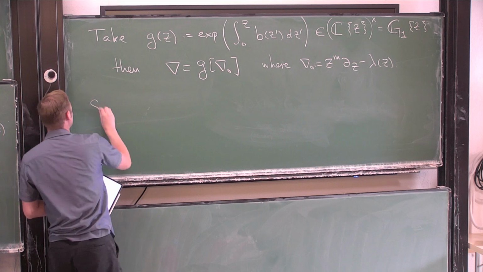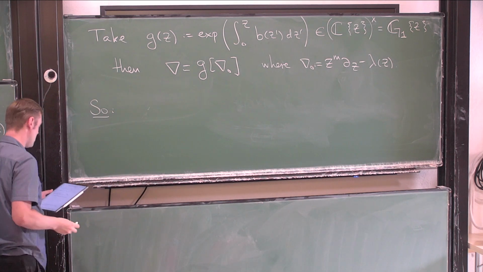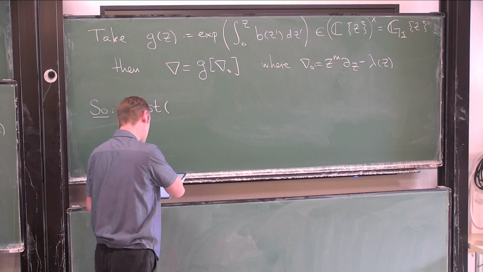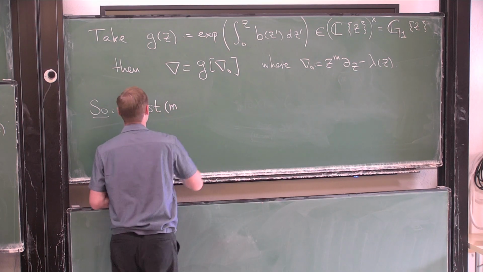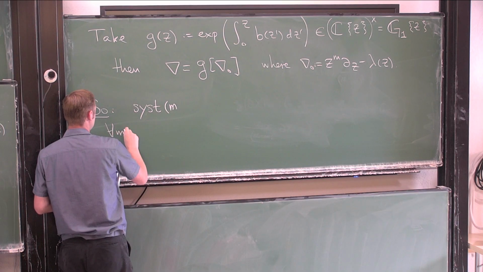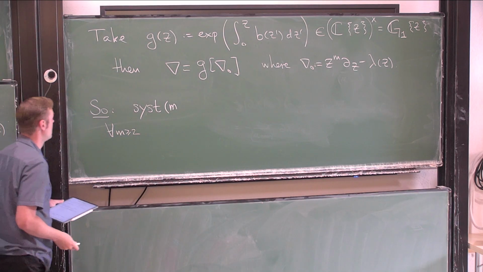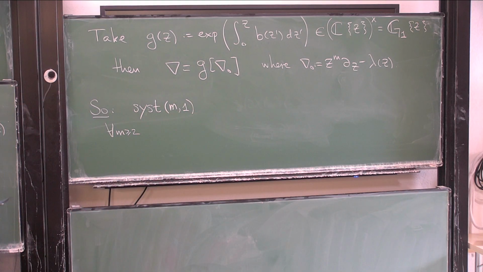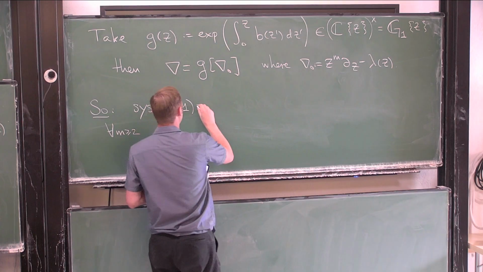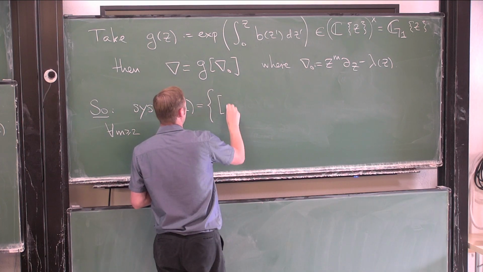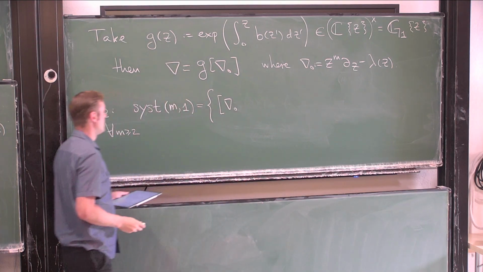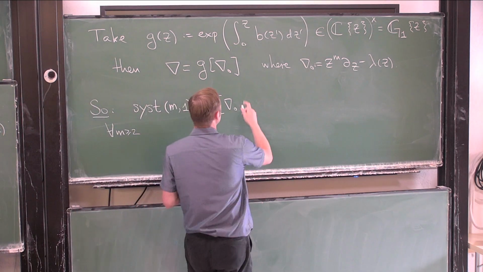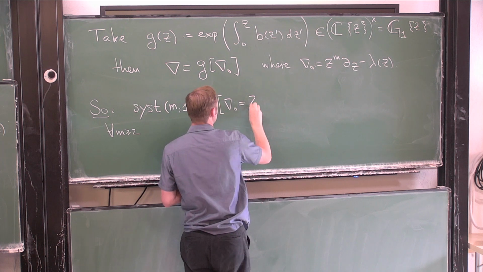So the conclusion, as before, is that if I look at the moduli space of systems with an order m pole, where m is 2 or greater, of rank 1 scalar systems, then this moduli space is basically the set of gauge equivalence classes of these normal forms.